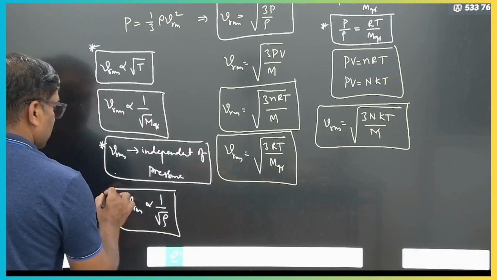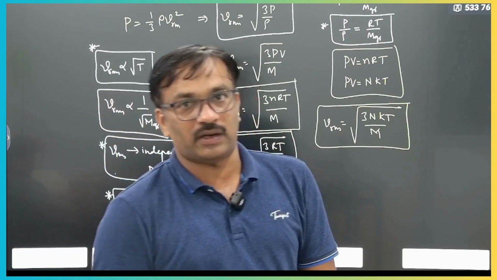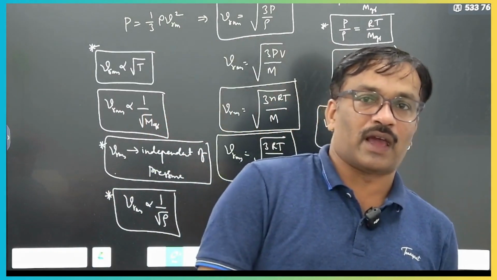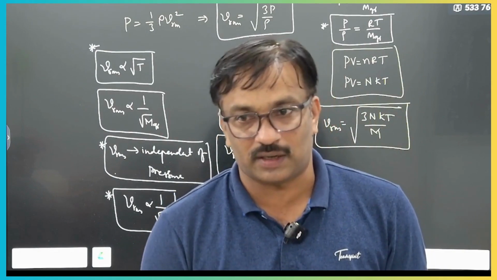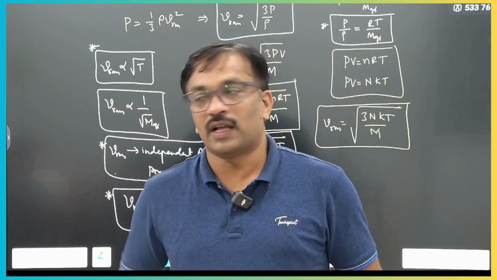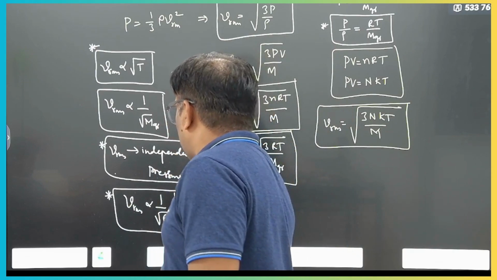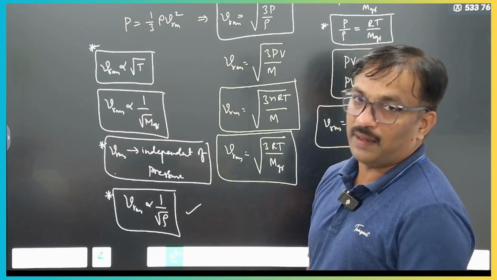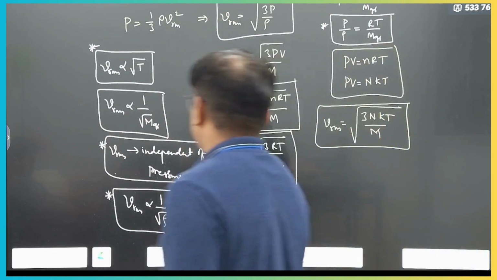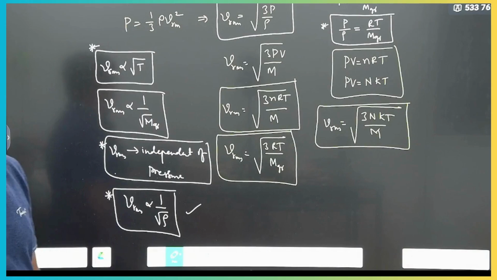Therefore a higher density gas will have less RMS speed, and a lower density gas will have higher RMS speed. That means lighter gas will diffuse faster, heavier gas will diffuse later. That's why Graham's law of diffusion is related to this concept only. Rate of diffusion is nothing but the RMS speed. Clear? In this way we can calculate the RMS speed.